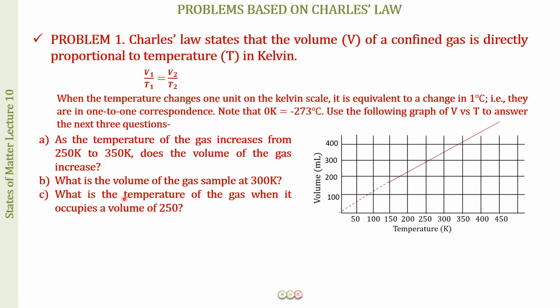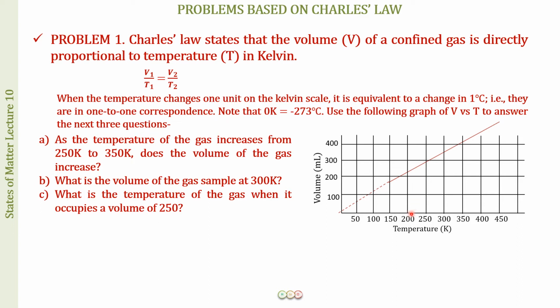Then, what is the volume of the gas sample at 300 Kelvin? You can check that also. 300 Kelvin is approximately in the middle here, so this would be somewhere at 350 ml. And what is the temperature of the gas when it occupies a volume of 250 ml? You can correspondingly check that at 250 ml. This would be somewhere around 225 Kelvin.